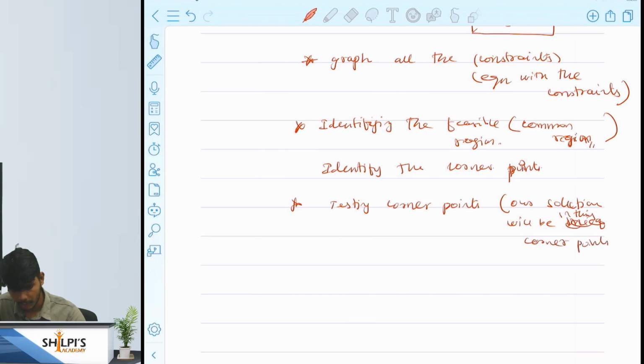If I have 4 corner points, our solution will be one of those four corner points. That's why we are testing the corner points, which gives a maximum or minimum value according to the problem. So what is our fourth point? Simply testing the corner points to identify the value or answer.